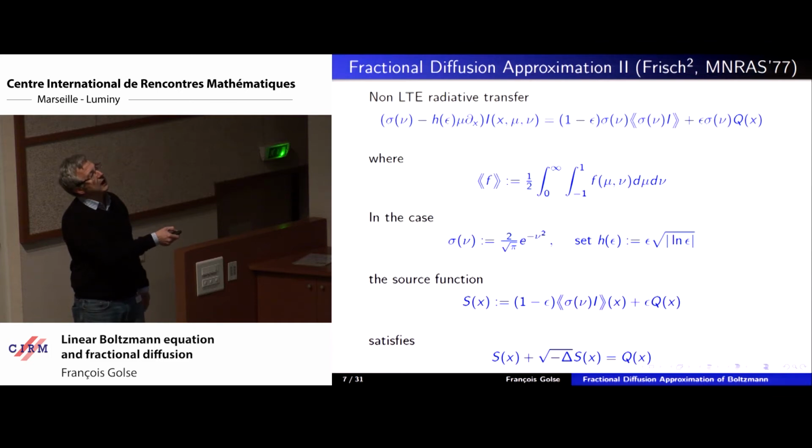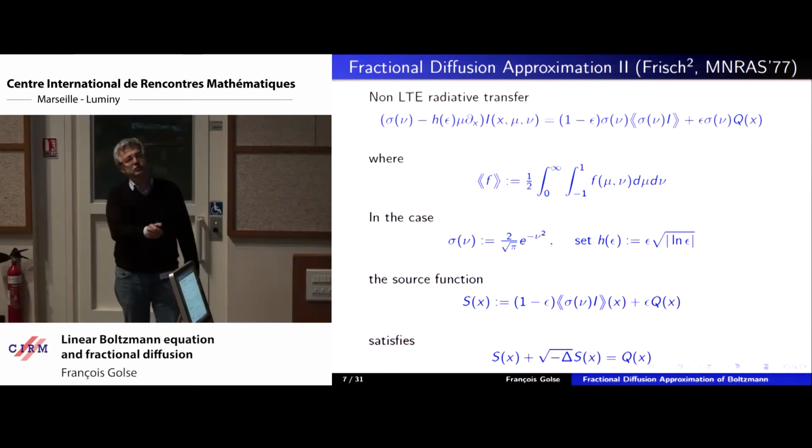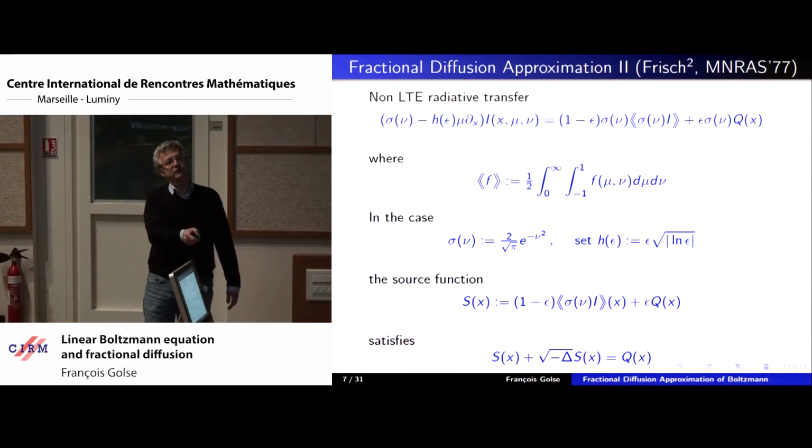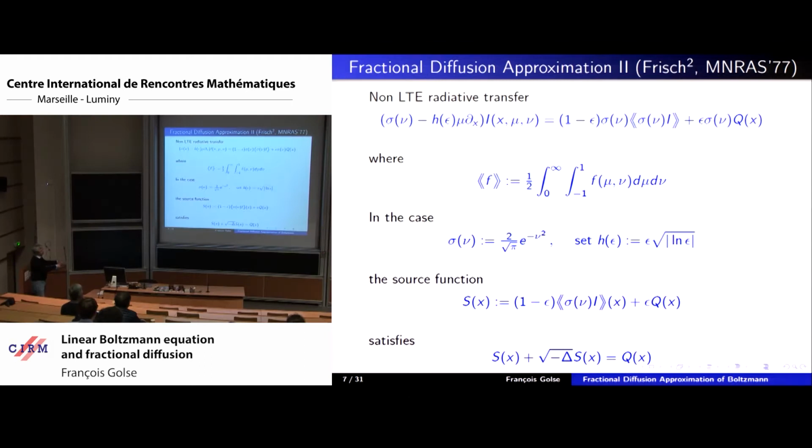So here you have a streaming operator. You have the absorption due to the scattering. And in the right-hand side you have a source function times the scattering rate sigma of nu, and the source function is 1 minus epsilon times the source of radiation that comes from the scattering, plus epsilon times an external source that comes from the background, which you choose to be isotropic.